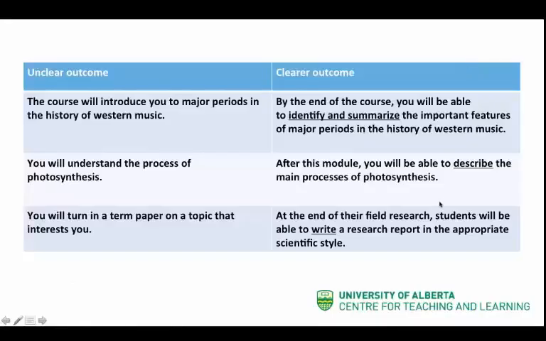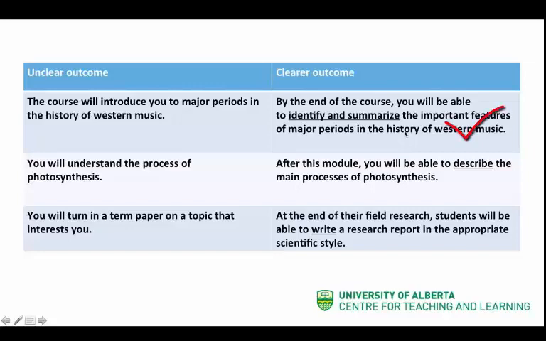This chart presents clear and unclear outcomes. The first example: this course will introduce you to the major periods in the history of Western music. The clear outcome clearly contains what it is the student will be able to do. The outcome is phrased in very precise terms.